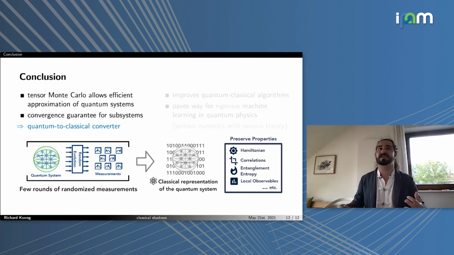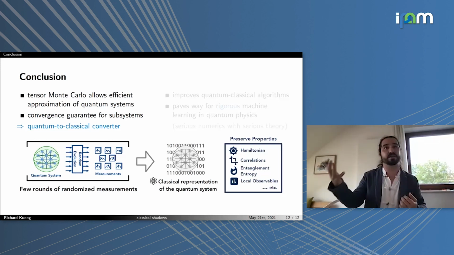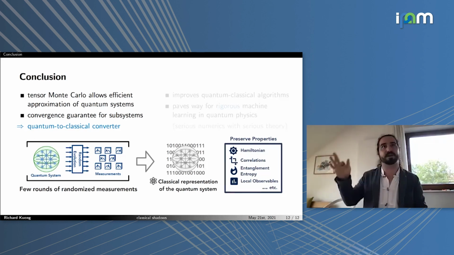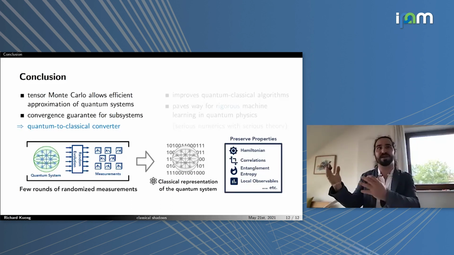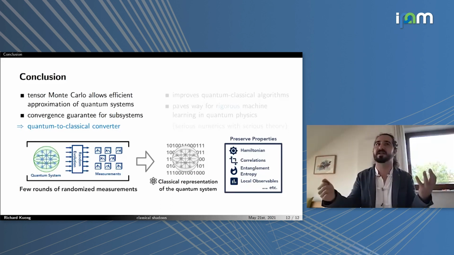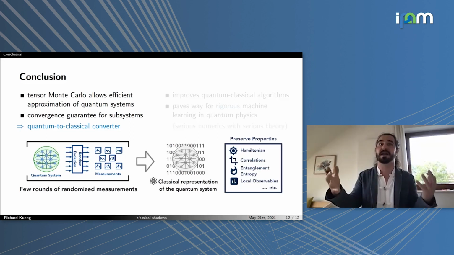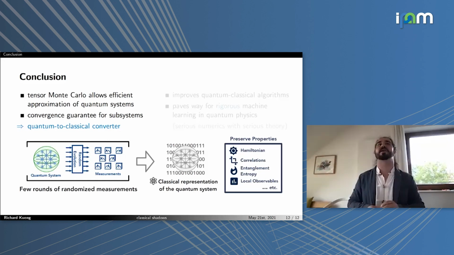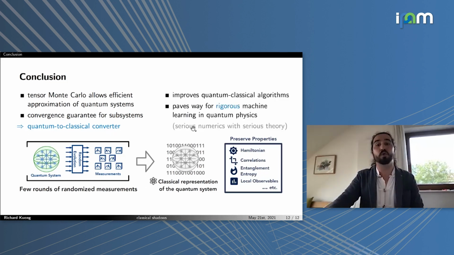And I tried to convince you of one instance of this tensor Monte Carlo technique, which looks alien at first sight, but in a way it combines the best we have regarding classical computers and an efficient tensor product structure to store things with operations that are very difficult on a classical machine, but native on a quantum machine, in order to get a hybrid protocol that allows you to do very efficient tensor Monte Carlo approximations of tensors that describe quantum systems. And these then form quantum to classical converters that allow you to do cool things.